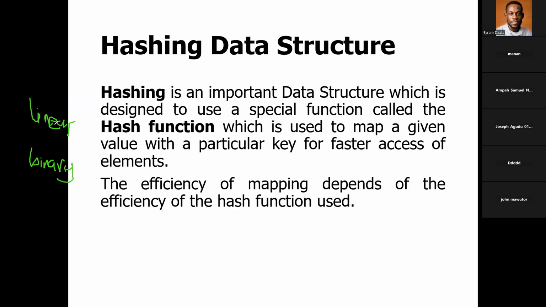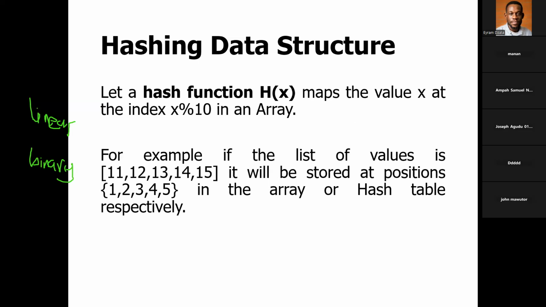So if your mapping is going to be efficient, it always depends on the hash function used. So we have an example here. It says, let a hash function be h of x that maps to a value at an index.